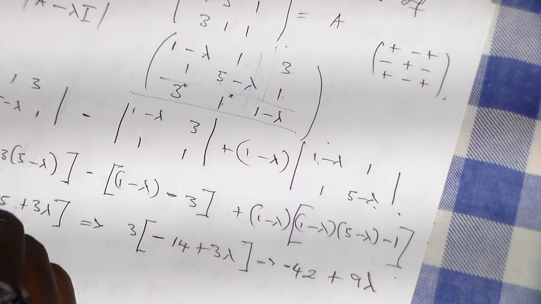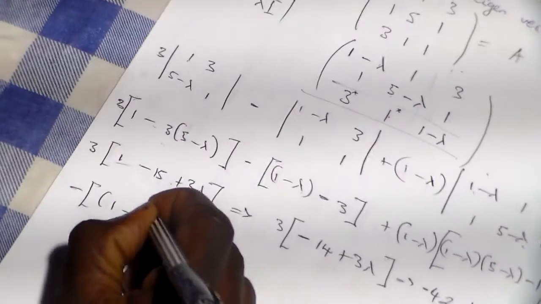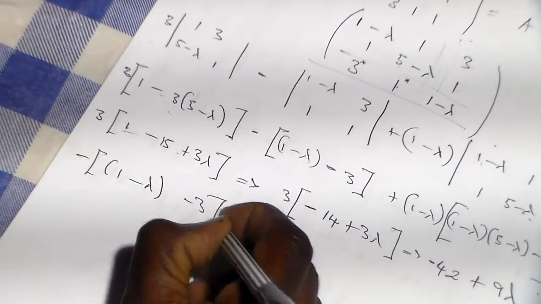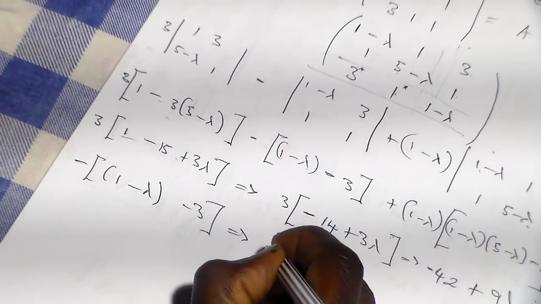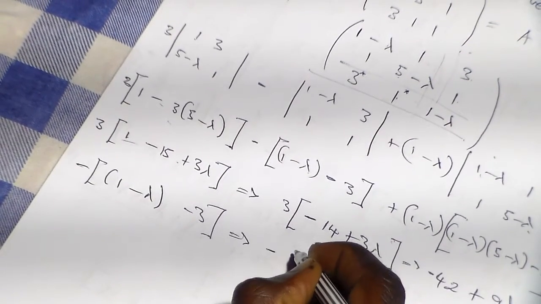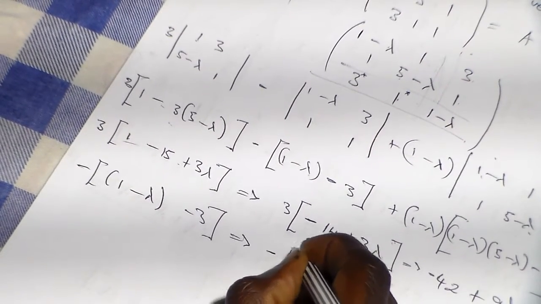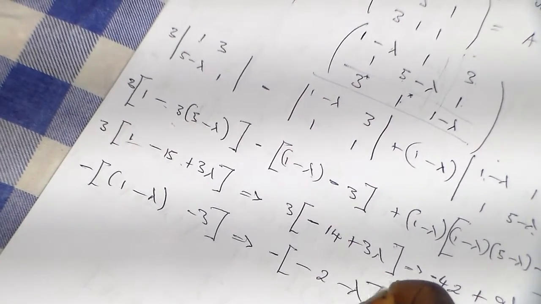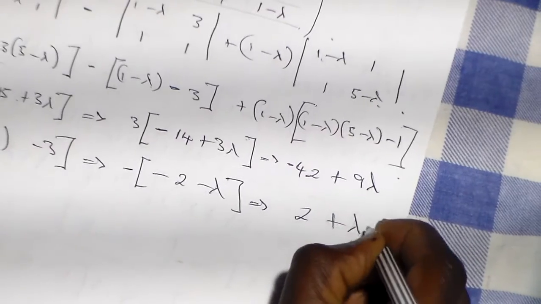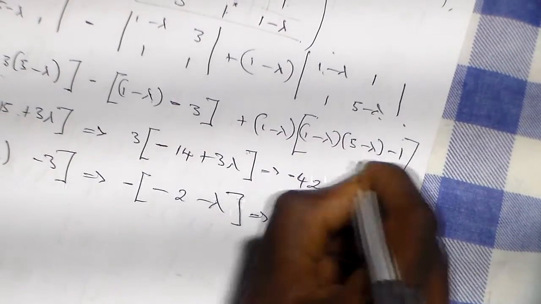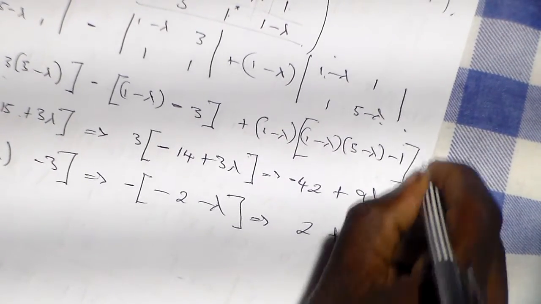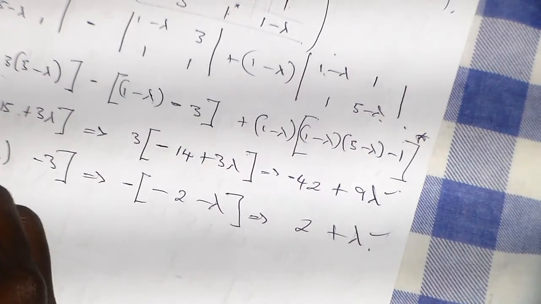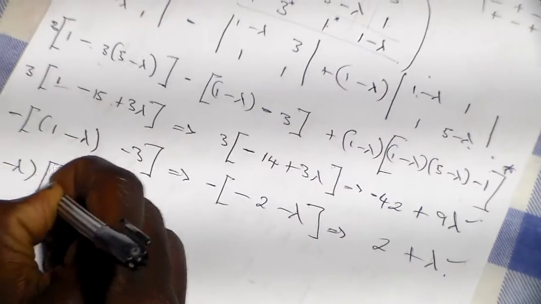Getting on to the second factor, we are saying 1 minus lambda minus 3. This is getting me to 1 minus 2 minus lambda, which will get me to 2 plus lambda. Then for the last factor, we are saying 1 minus lambda times.